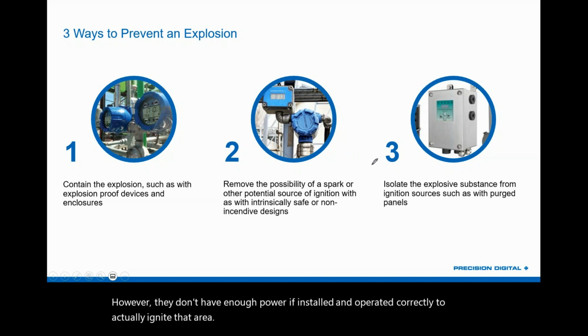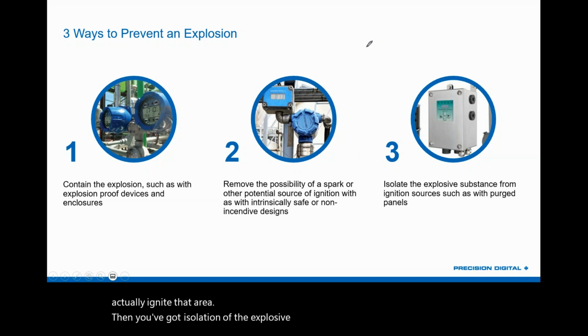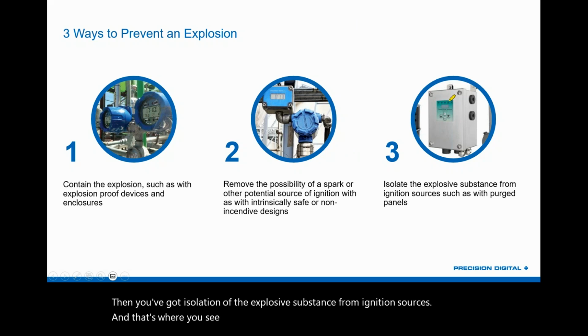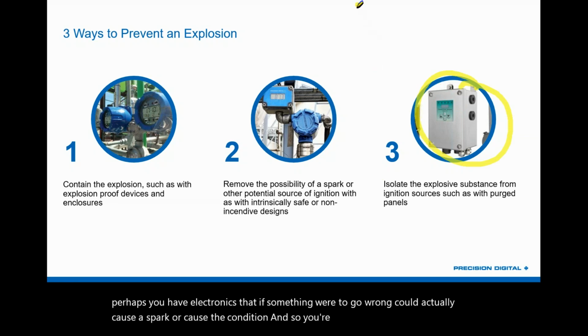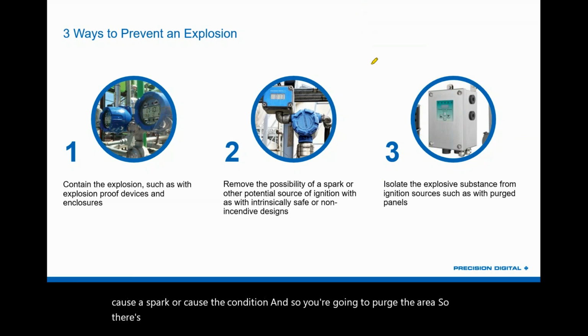Then you've got isolation of the explosive substance from ignition sources. And that's where you see purged panels. Inside of this box, perhaps you have electronics that, if something were to go wrong, could actually cause a spark or cause ignition. So you're going to purge the area so that there's no possibility of that hazardous material getting inside the box.